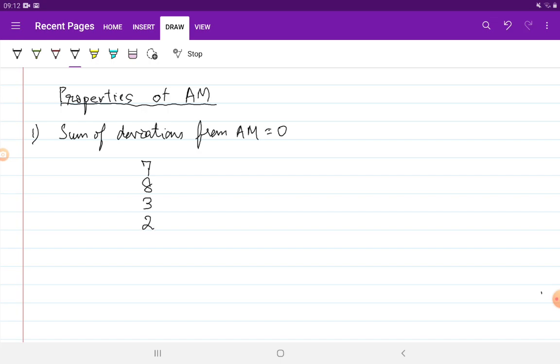I have randomly made up these 4 numbers. So the arithmetic mean of these numbers would be x1 plus x2 plus x3 plus x4 divided by n, the number of observations. So that's 4 over here. That is 20 divided by 4. My arithmetic mean is 5.